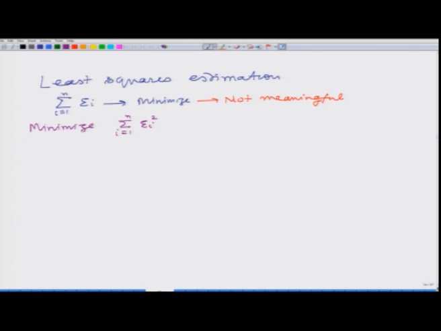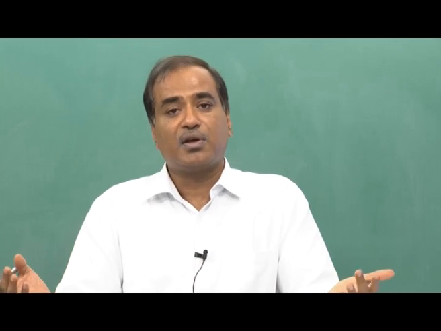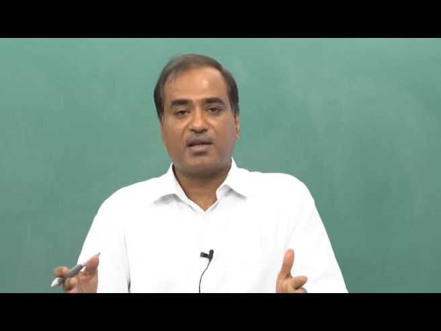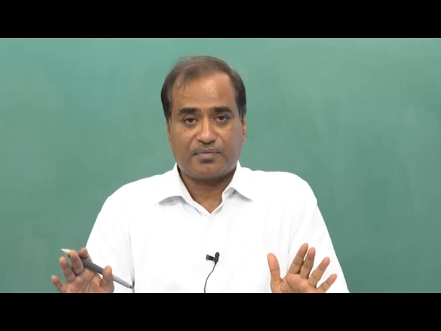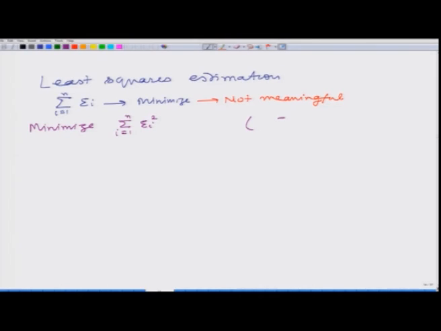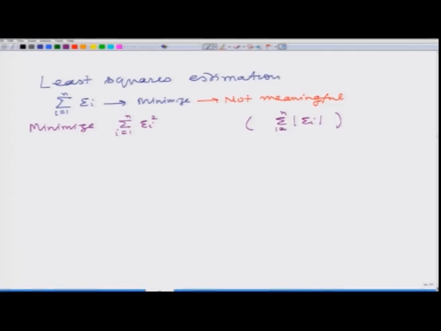Well, at this stage someone can ask that once I am trying to convert my negative random errors into positive random errors, then another option is that I can take the absolute value of epsilon. Yes, you can also minimize the sum of absolute errors, that is the summation over i from 1 to n of absolute value of epsilon i.